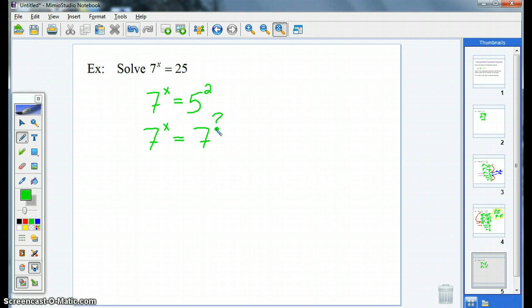Well, not anything that seems to make any sense, not anything that is very straightforward. And this is the big question then. How do we solve an exponential equation if we can't get the same base on both sides? And that is something that we will be looking forward to as we continue our work with the various operations on functions.